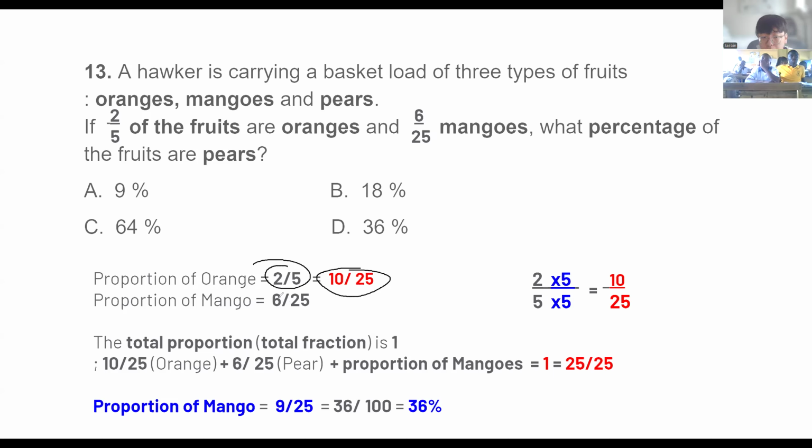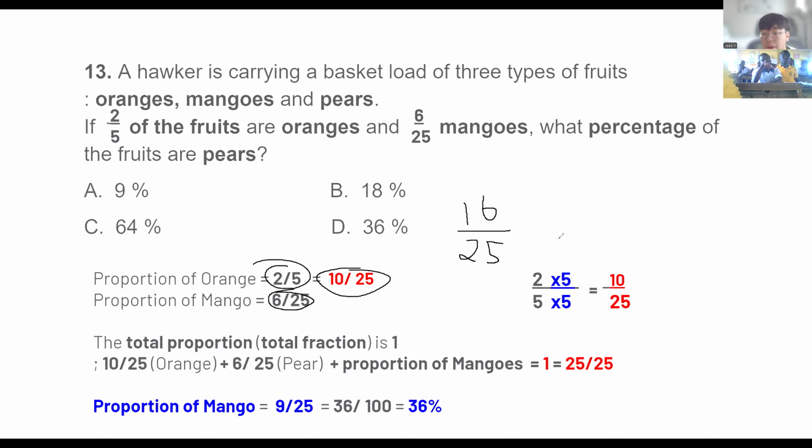And the proportion of mangoes was 6 out of 25. If we add these together, we have 16 over 25 are oranges and mangoes.